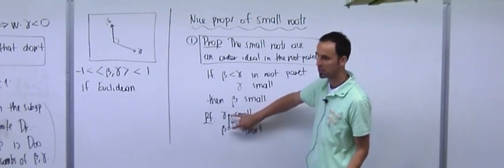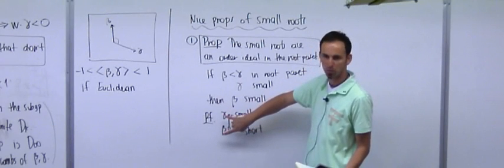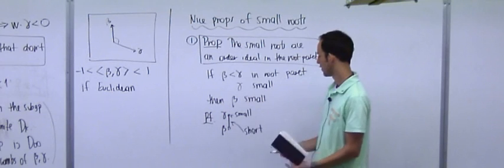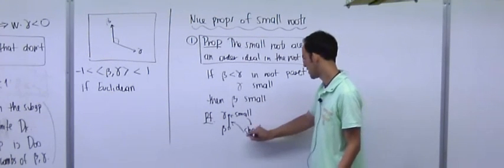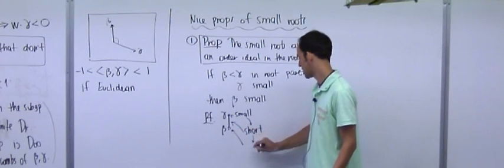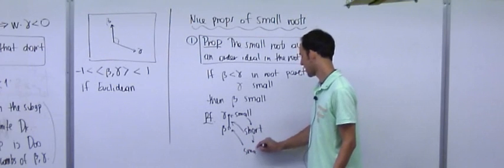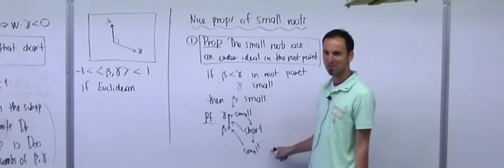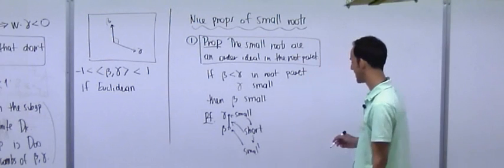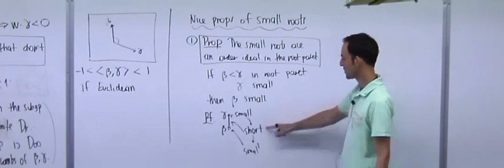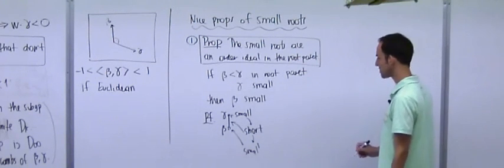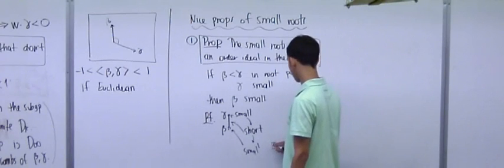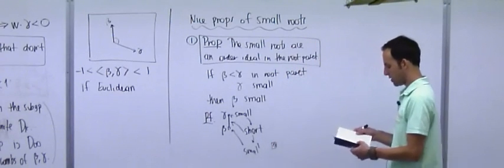Along a short edge, either both of these guys are small or both are not small. So small implies short, implies small. This is when I finally realized why I kept messing up the small and the short. Okay. So that's the proof. Small implies short implies small. Okay, good.